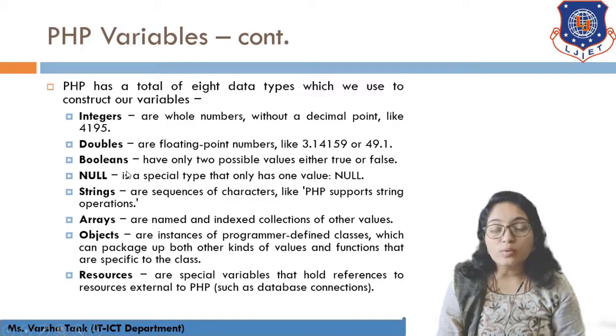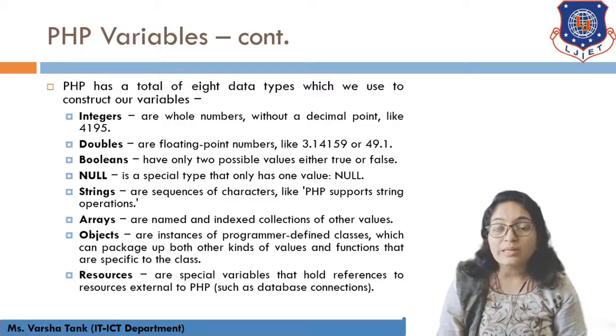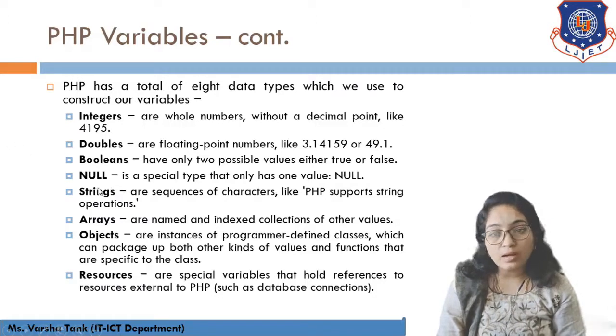Then boolean has only two possible values, that is false and true. Then null. Null is a special type that has only one value, the null value. Then string. Strings are sequences of characters, and PHP supports string operations.